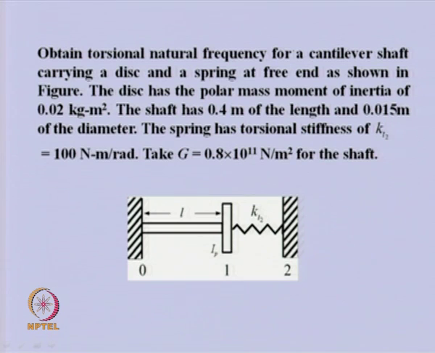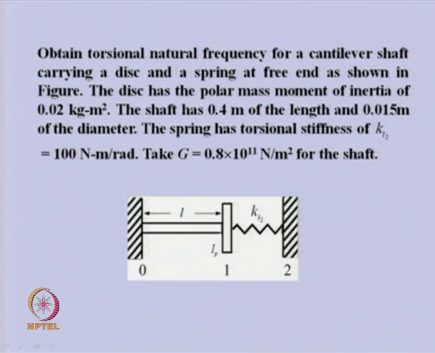In that connection, let us take another problem in which there is a massless shaft and a disc at the end. This end of the shaft is fixed, and at the free end of the shaft where the disc is, we have one torsional spring of stiffness KT2.